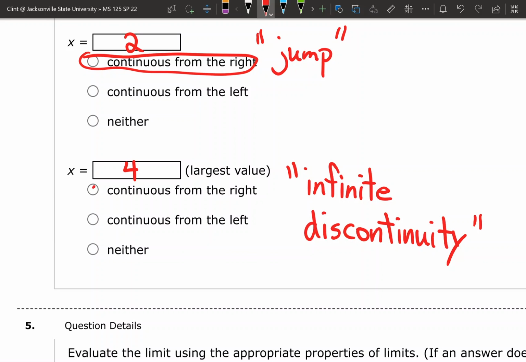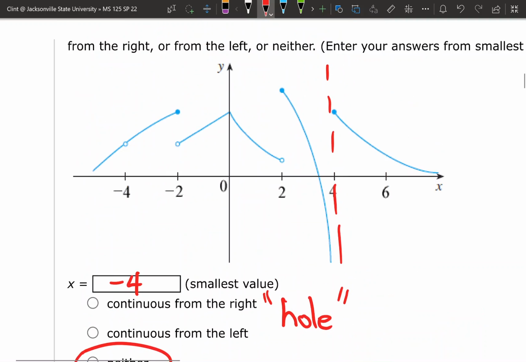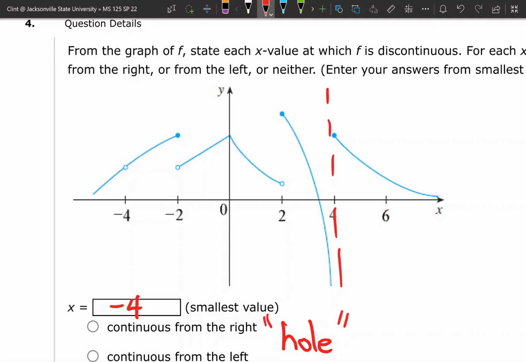And yeah, it would be continuous from the right. Not from the left because the limit doesn't even exist on that one if we're going down this way. And it goes forever.